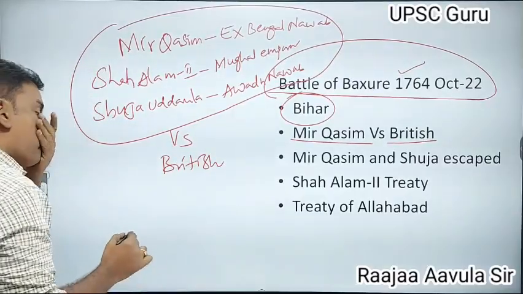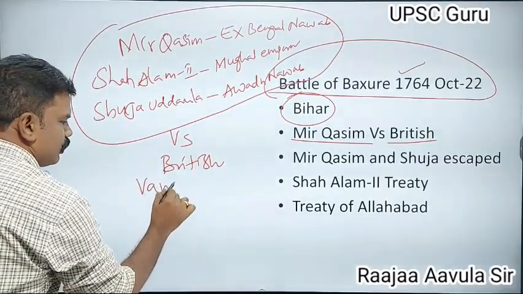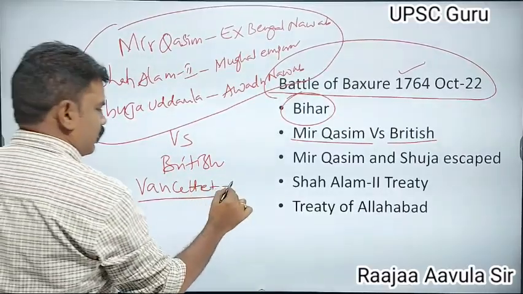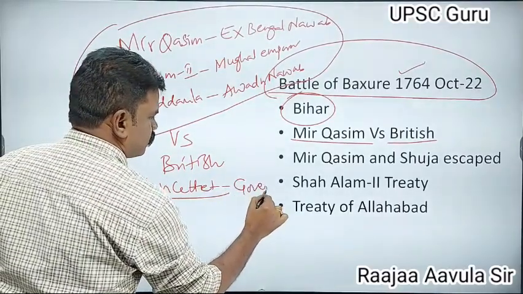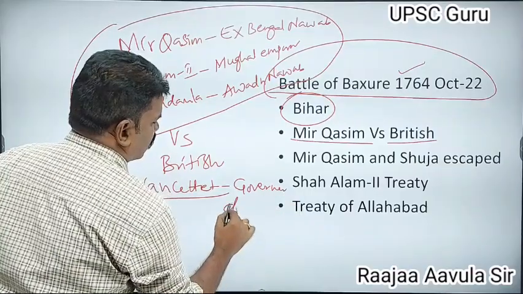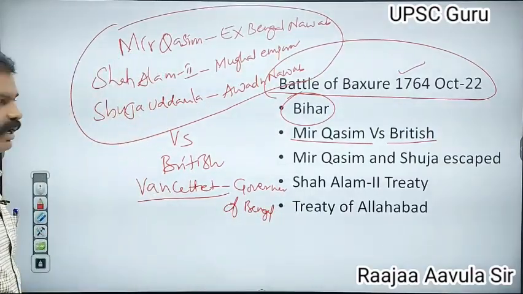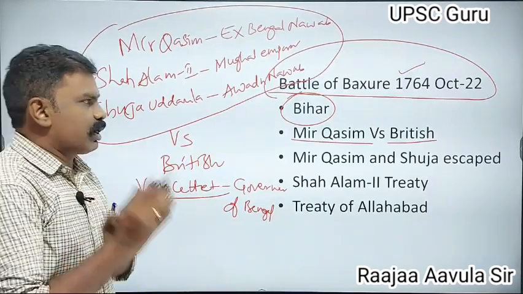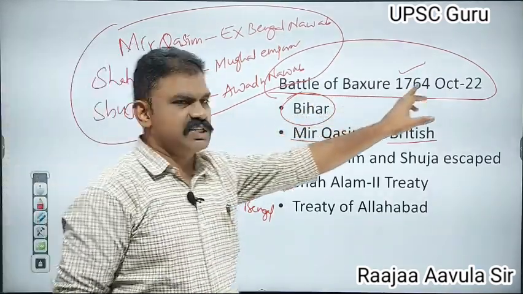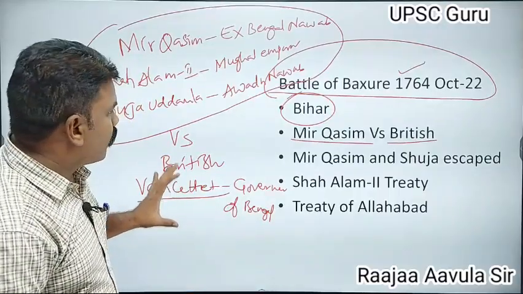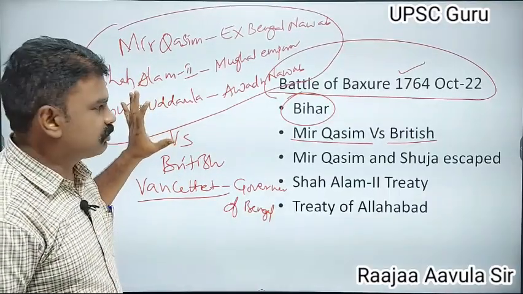By this time, the British Governor of Bengal was Vansittart. So this war started on 1764 October 22nd. In this war, Mir Qasim was defeated.